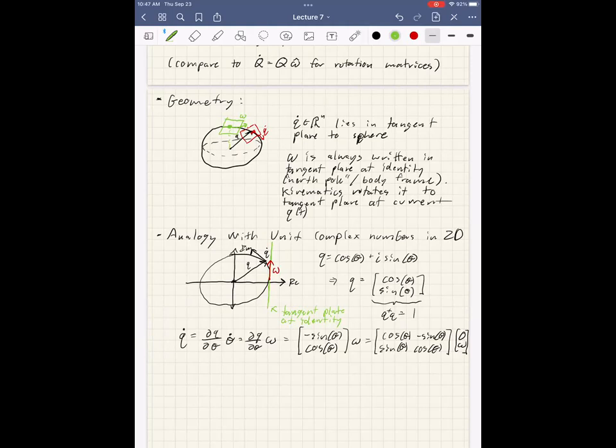Cool. That's the same thing as saying that at T0, the body frame and the inertial frame are lined up, right? I just arbitrarily decide at T0 that the body frame and inertial frame are aligned, and then this one's going to move and this one's not. So I get a Q of T, and at T0, Q of T is the identity, so these things line up at T equals 0.